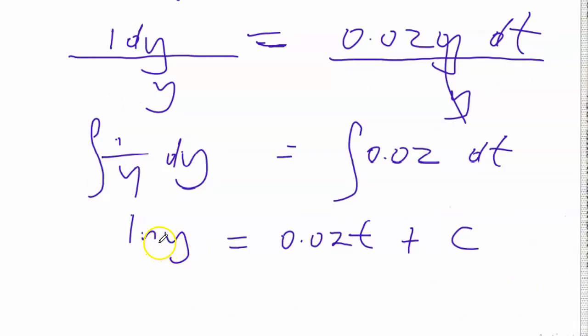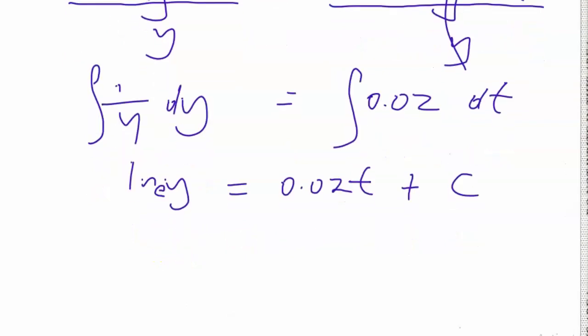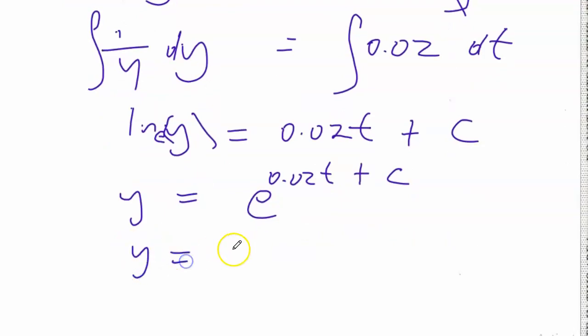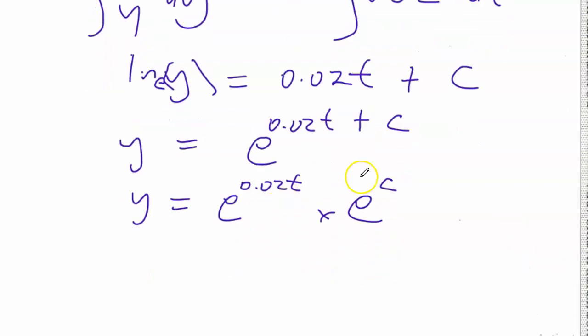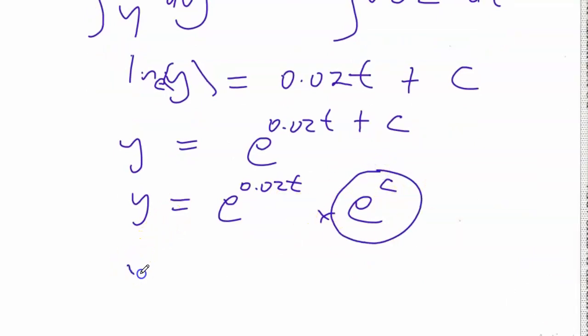Now remember, log is base e, so y is equal to e to the power of 0.02t plus c. Rewritten, we can write it as e to the power of 0.02t times e to the c. And c is a constant, e is a constant, so e to the c gives another constant. We can call this constant a. So y equals a times e to the 0.02t.